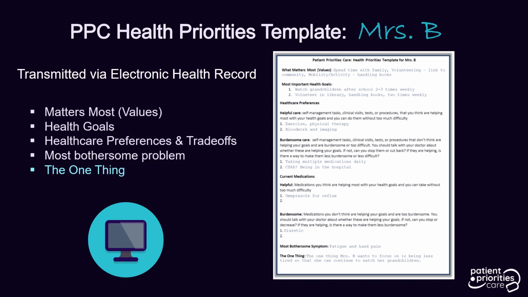These are useful to know because it may be the reason for non-adherence and may identify care that can be changed. In the final step, the patient identifies the one thing, a health problem, symptom, or other item that they most want to focus on initially because it's interfering with their health outcome goals. The one thing helps you and the patient get started in aligning care with their priorities.